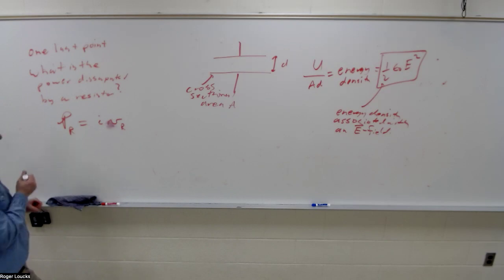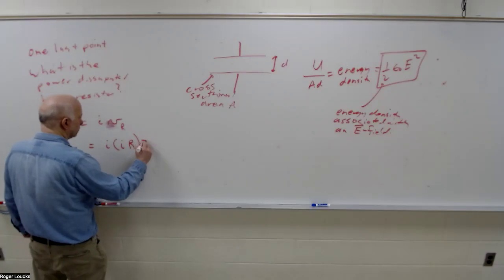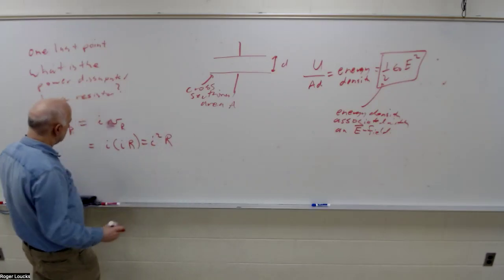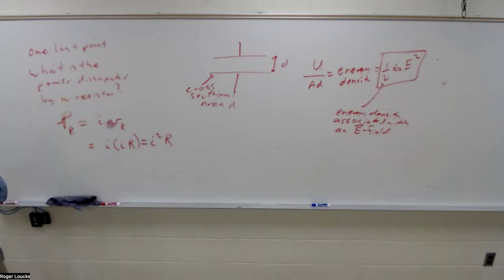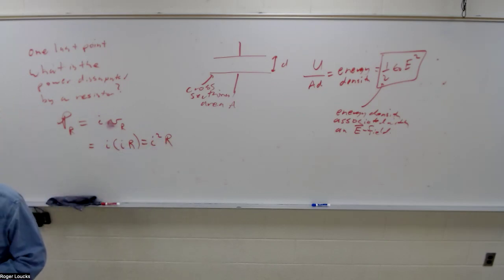That's IR. So you get our famous I squared R. So if you want the power dissipated across the resistor, it's always I squared R. Okay, we use that actually quite a bit. Okay. Make sense?